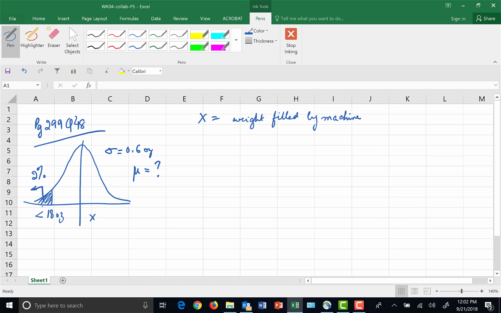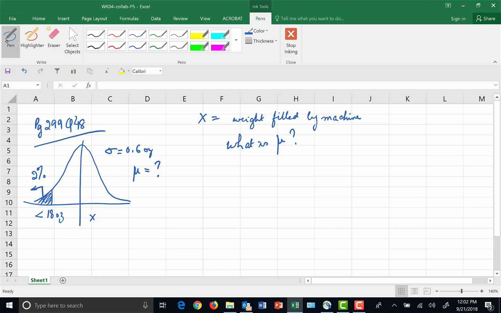Okay, so this is the information that's given to us, and the question says what is the mean of this distribution.